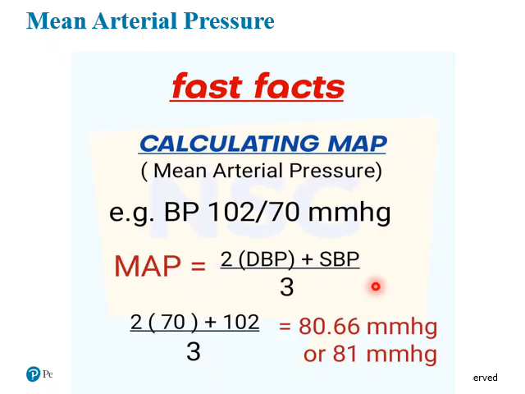Say your diastolic pressure is 70. You multiply it by 2, add the systolic pressure, which is 102, and divide by 3. Here you get your mean arterial pressure to be 80.66 millimeters of mercury, or 81 millimeters of mercury.